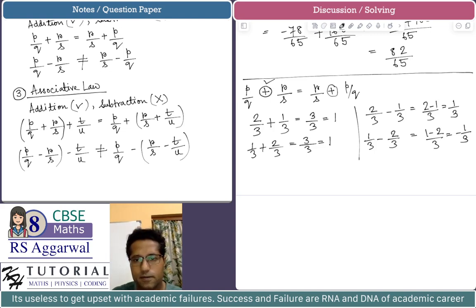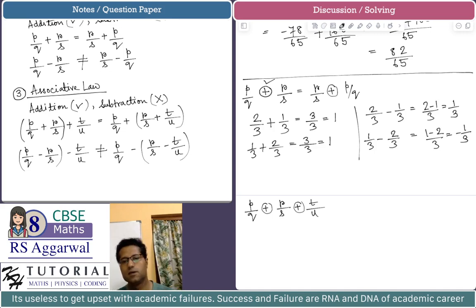We say that if p by q, this operator r by s, and this operator t by u, the associative law says that for any operator, if you use the operator on three rational numbers, then the ordering of the rational numbers does not matter.